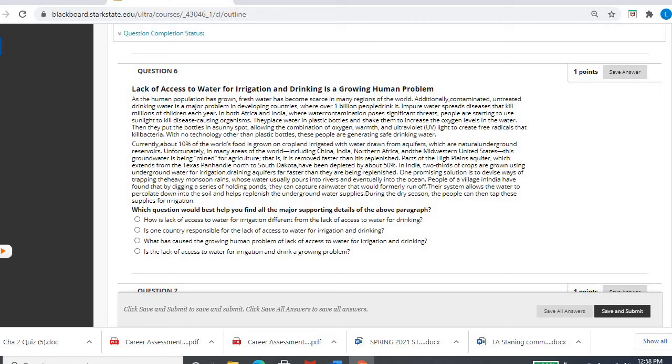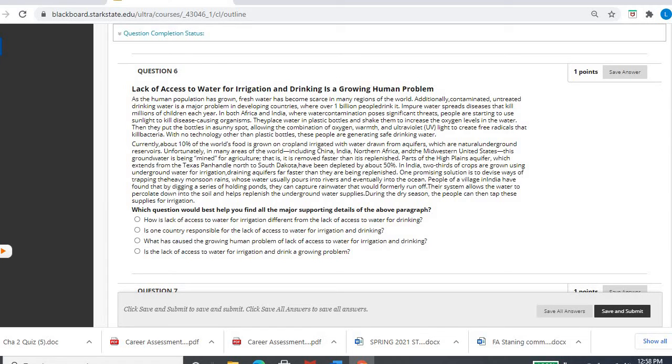In both Africa and in India, where water contamination poses significant threats, people are starting to use sunlight to kill disease-causing organisms. They place water in plastic bottles and shake them to increase the oxygen levels in the water. Then they put the bottles in a sunny spot, allowing the combination of oxygen, warmth, and ultraviolet light to create free radicals that kill bacteria. With no technology other than plastic bottles, these people are generating safe drinking water.